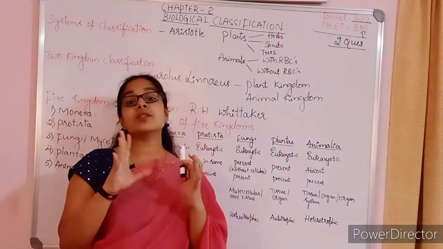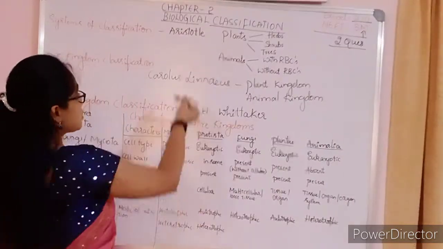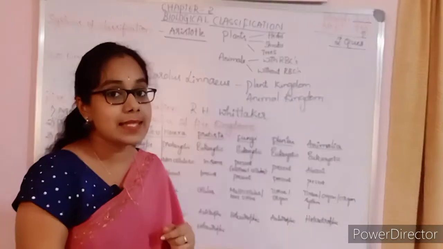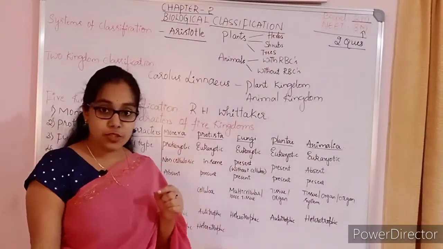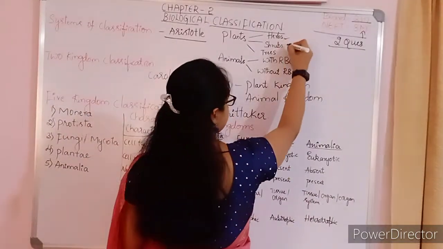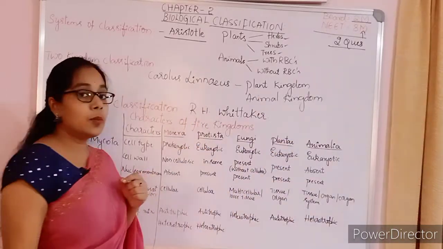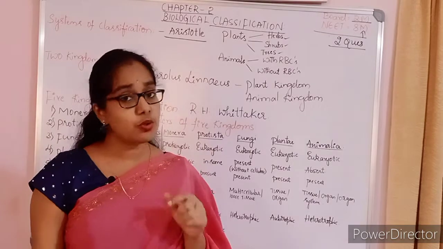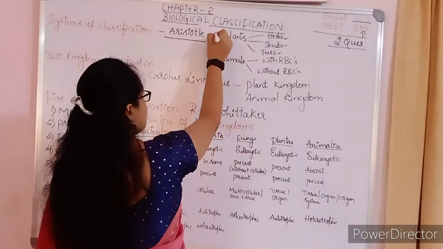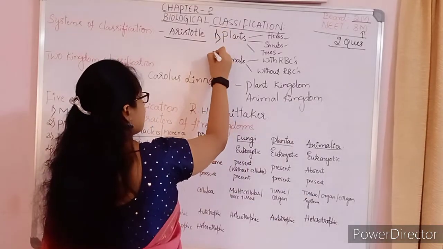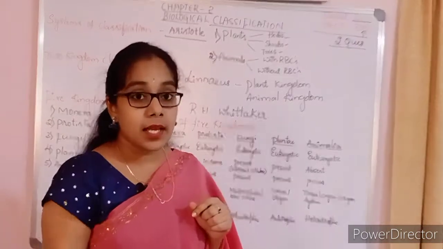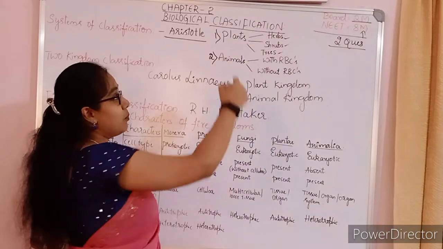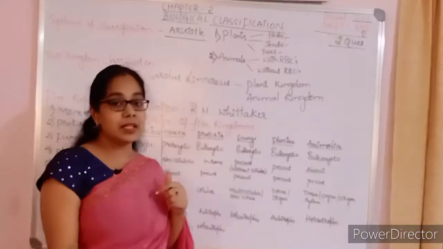Among all those taxonomists, Aristotle was the first taxonomist who classified living organisms into 2 different categories. One is plants, another one is animals.